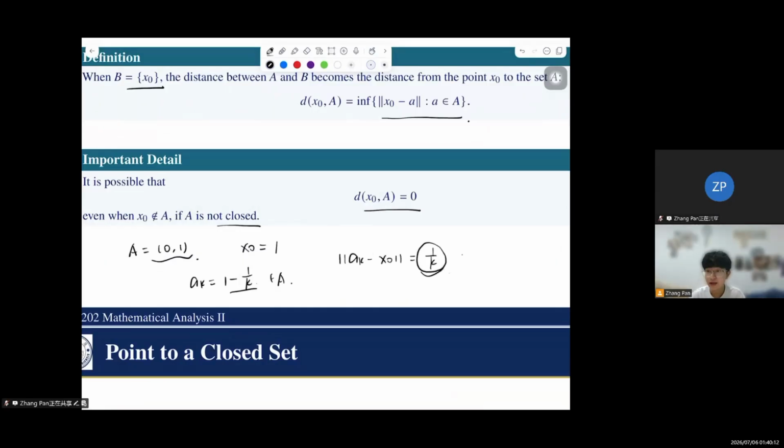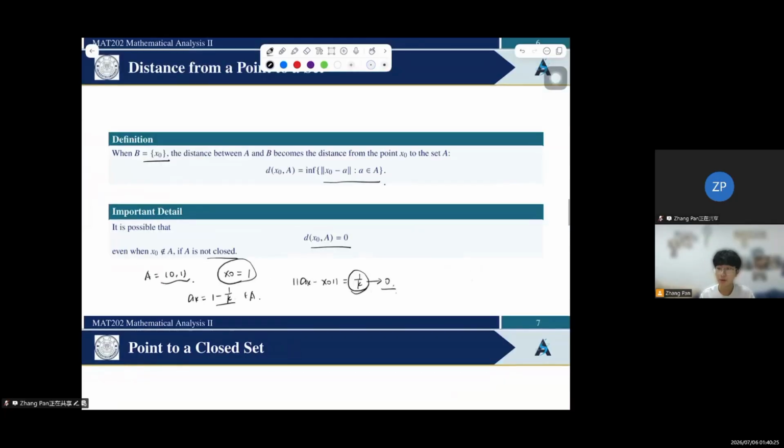When k goes to infinity, 1 over k goes to 0, so the distance between x0 and A is 0. But x0 is just a limit point of A, A is not closed, and x0 is not in A, so this is a possible case.